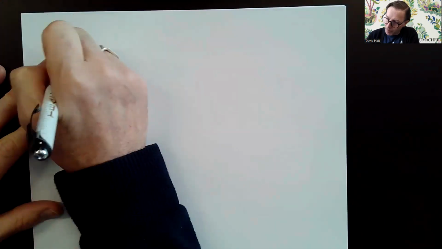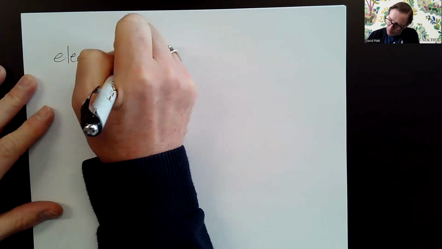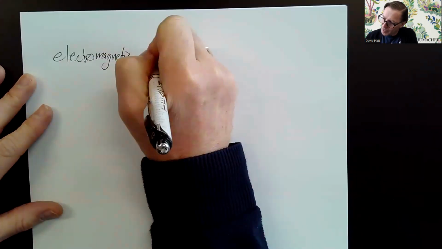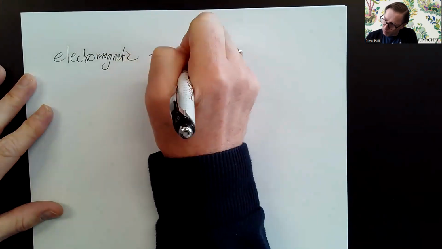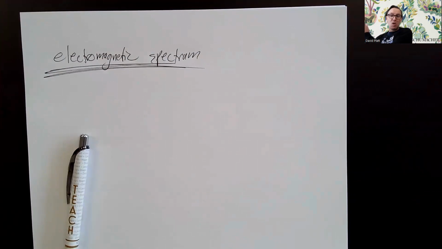We said light was an electromagnetic wave, so the electromagnetic spectrum is just all the light from small wavelength all the way up to large wavelength, or from small frequency all the way up to large frequency.